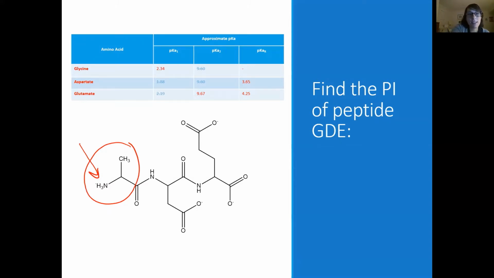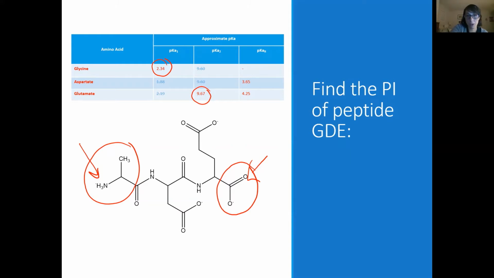So the glycine amino pKa is important for this structure. Notice on the other end, E, this is our glutamic acid. The pKa that is important here is the carboxyl end. So the glutamic acid has the carboxyl end of the peptide structure.